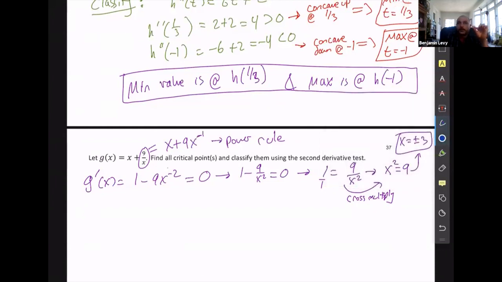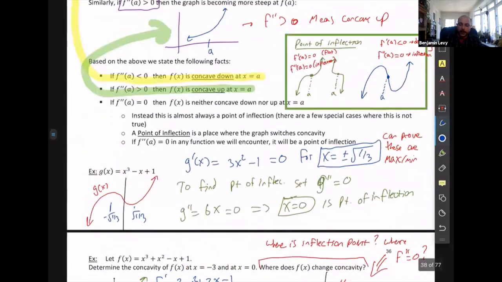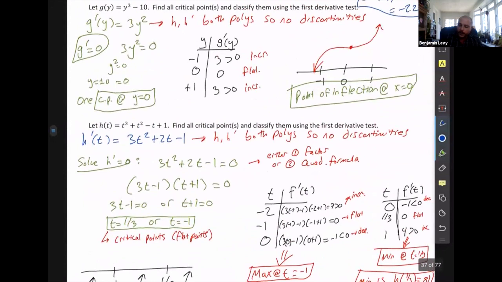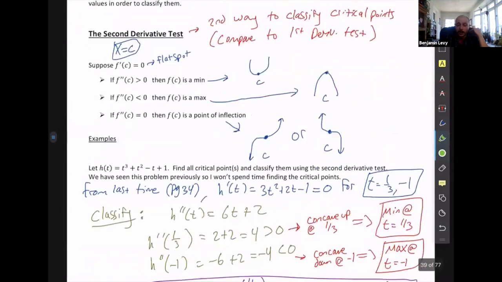Since this is also the first non-polynomial, it's also the first one that has discontinuities, right? Every single previous time when we did critical points, I always wrote down things like, oh, we don't have to think about this. They're polynomials, so there's no discontinuities. I was harping on that for a reason because now we have some.